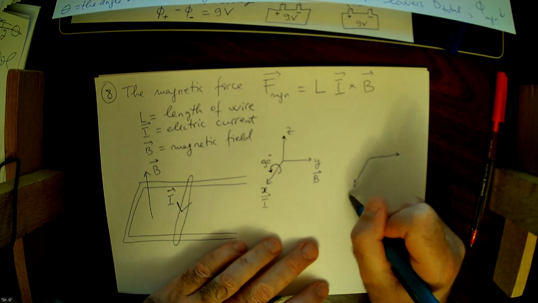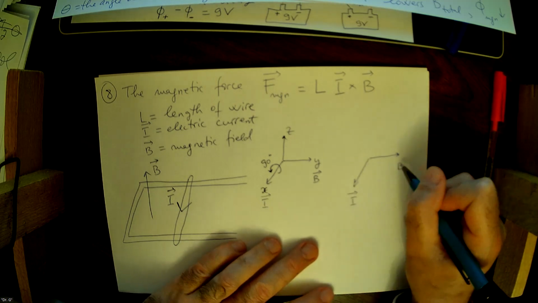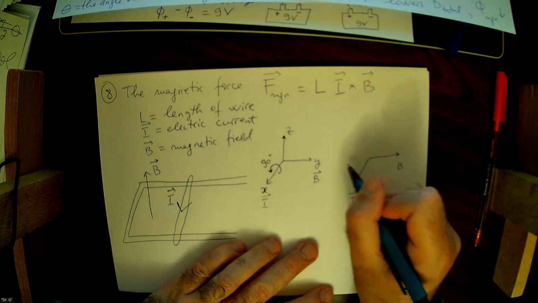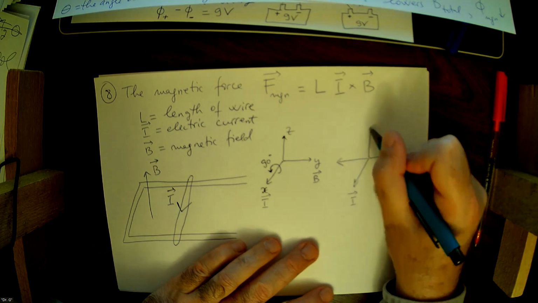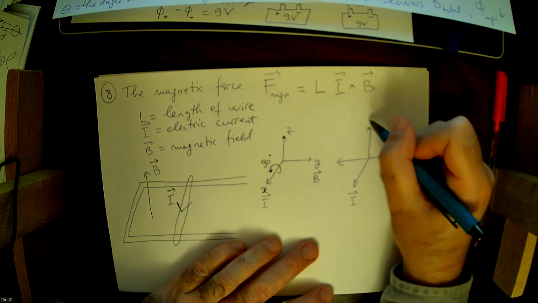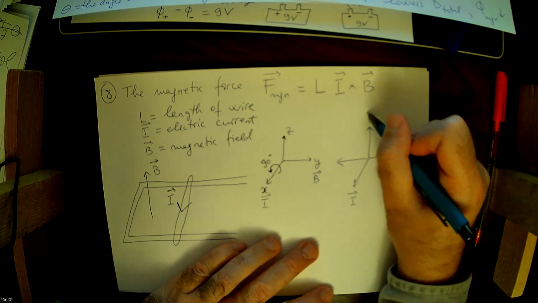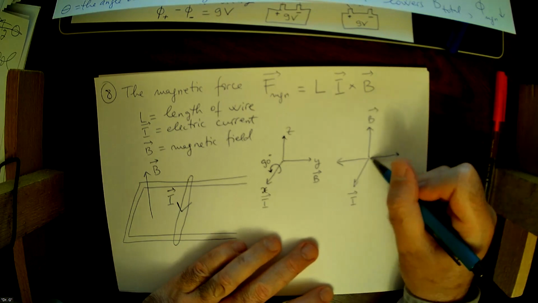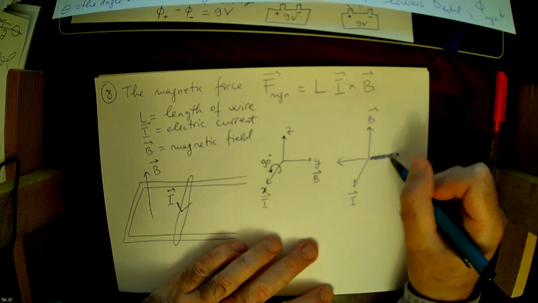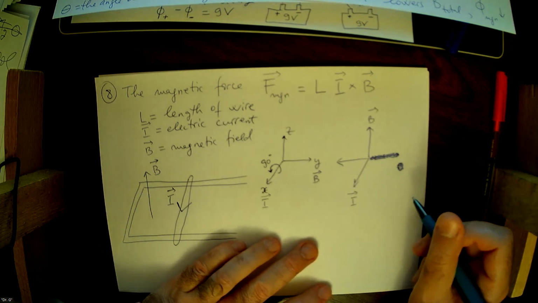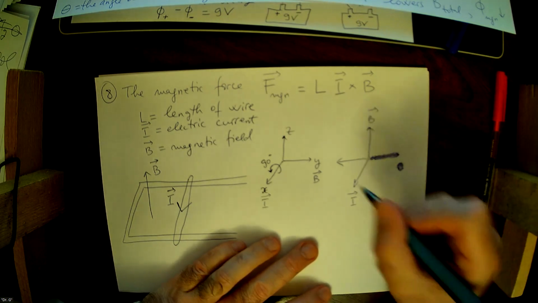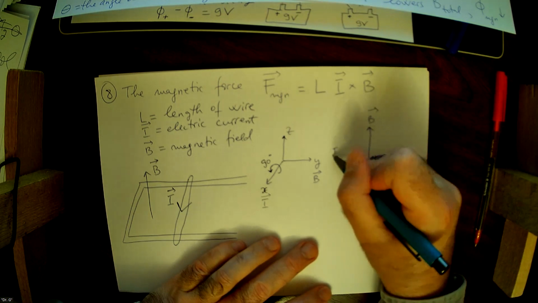This is I, this is B, and this is I cross B.